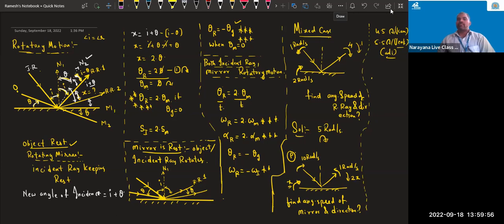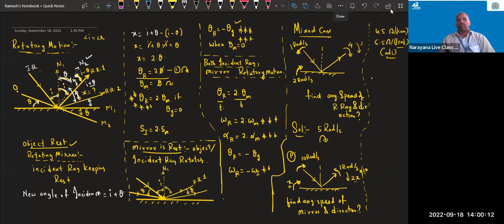Because of only the incident ray, what is the angular speed of the reflected ray? Very good, minus 10. So 2x minus 10 should be equal to how much? 10 minus 2x equal to 1.